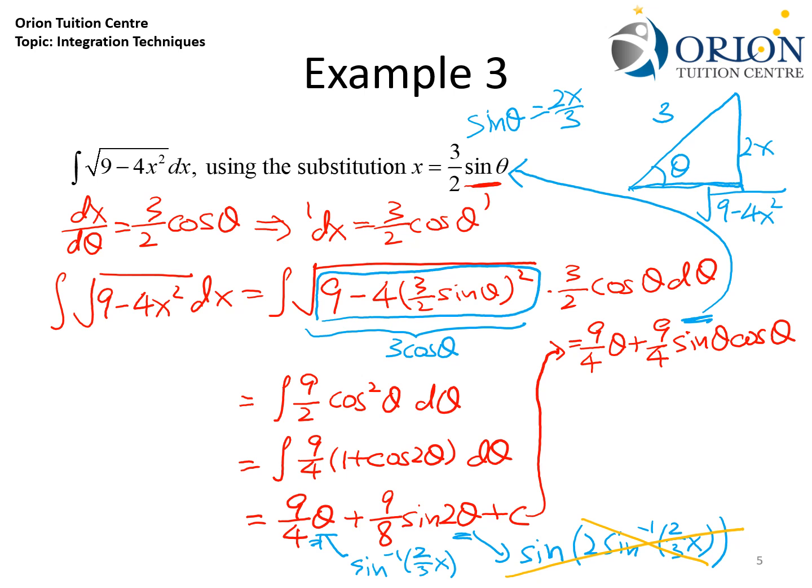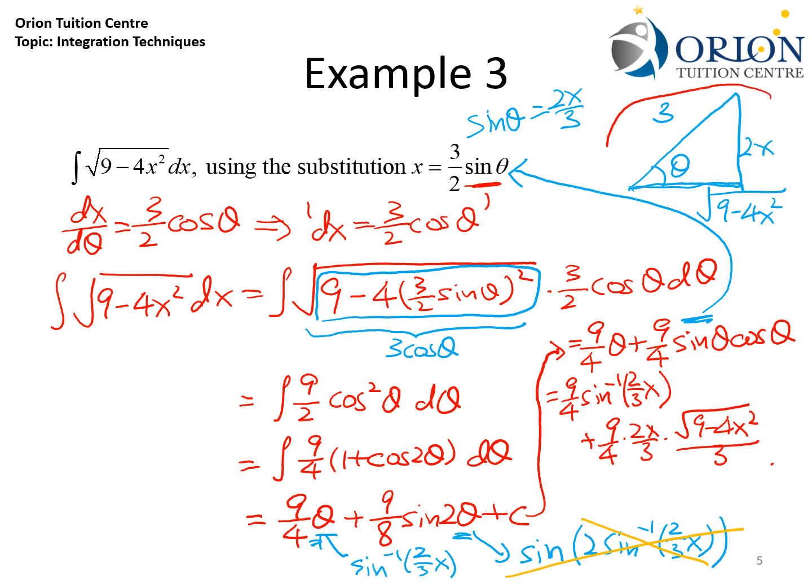And therefore, we can rewrite our entire answer as 9/4 sine inverse 2/3 x plus 9/4 multiplied by sine theta, which is 2/3 x, multiplied by cosine theta, which is the square root of (9 minus 4x squared) divided by 3. And we can further simplify to combine all the different coefficients together, but I won't do that over here due to space constraints. And this is how we can perform a back substitution for any kind of trigonometric substitution using this right angle triangle over here.